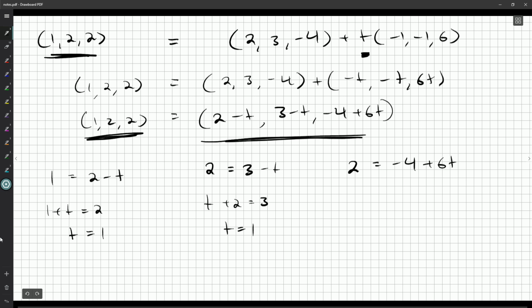That's looking really good, but we have to check them all. In this last one, bring the -4 over, so 2 plus 4 is 6. Divide by 6 on both sides, and once again we get t is 1. Since all the values agree, then whatever point you're looking at, (1, 2, 2) in this case, is on the line. There we go.